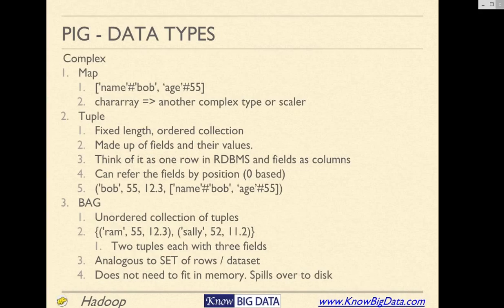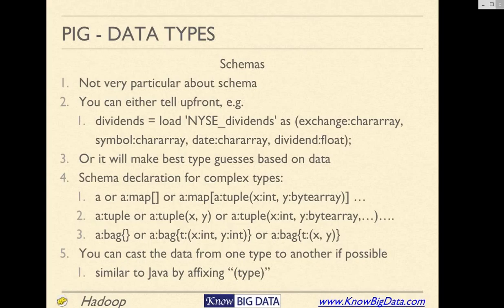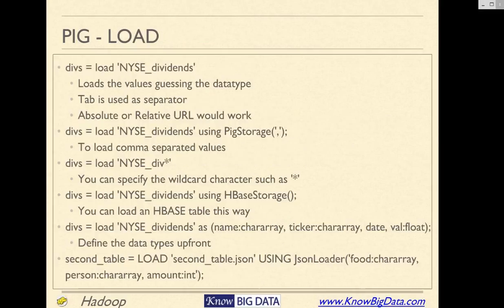No, Achintya, the commands are not being run. Only when you say dump or store is when the actual execution starts. Until then, no execution is going on, right? Nothing happens behind the scenes. Nothing is hidden. As soon as you say dump or store, the actual execution begins.